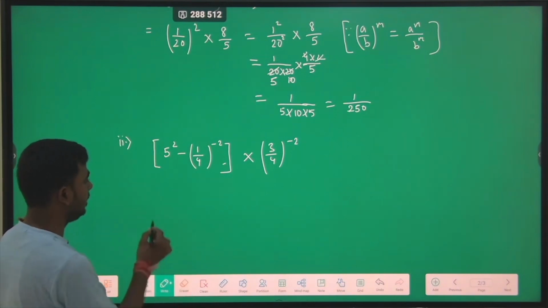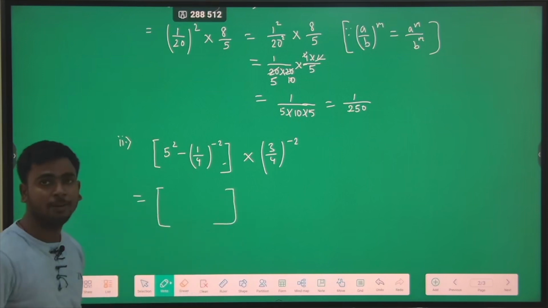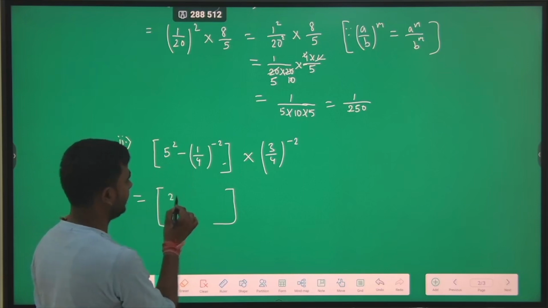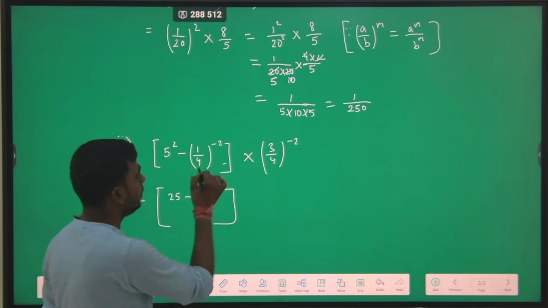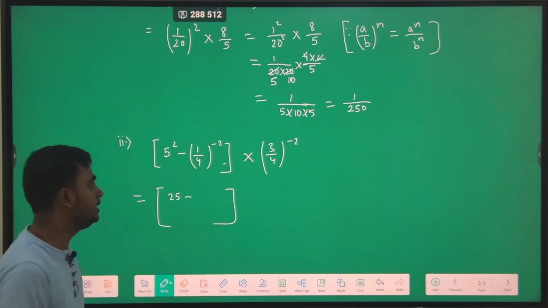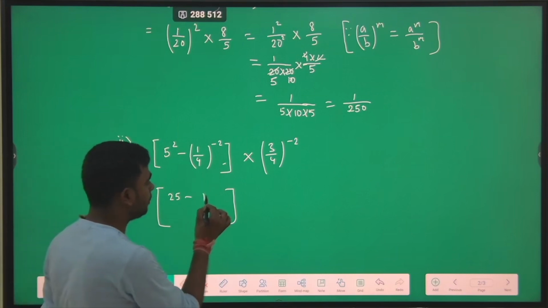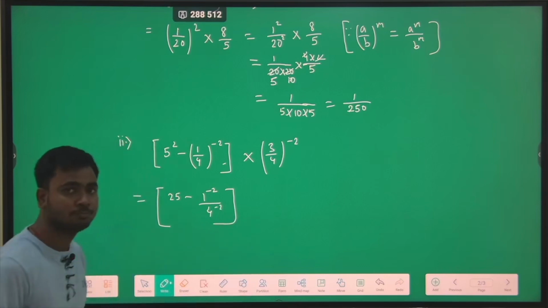So the value of this bracket will be like 5 to the power 2, that means it is 25, 5 into 5 is 25, minus (1 by 4) to the power minus 2, meaning 1 to the power minus 2 whole divided by 4 to the power minus 2.